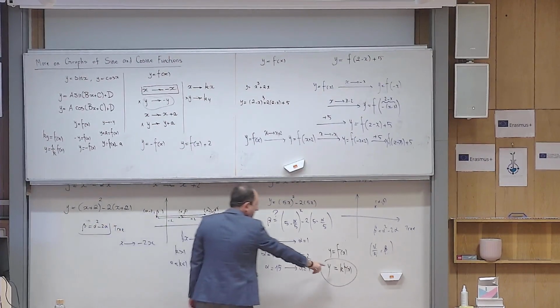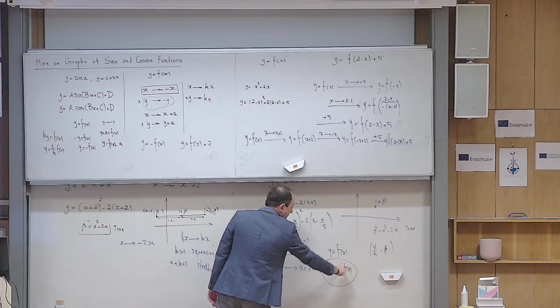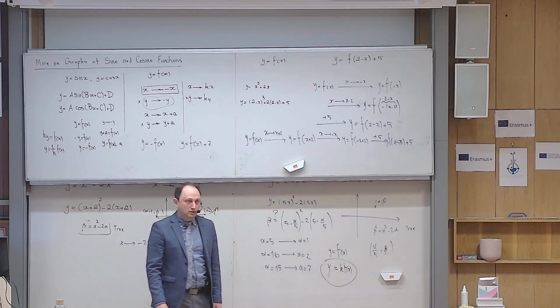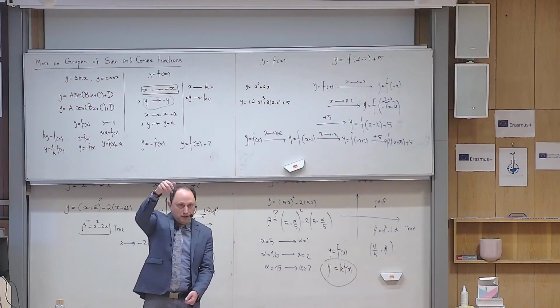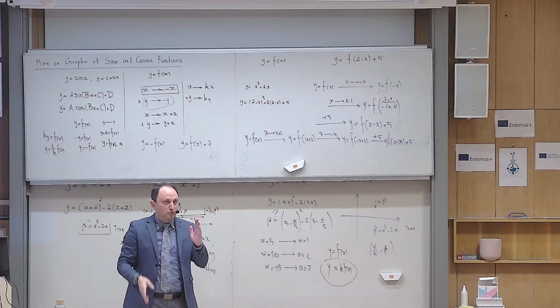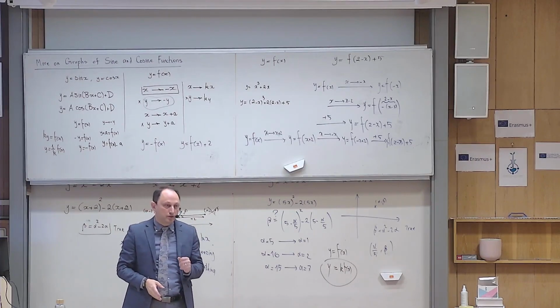And here, when I say multiply it by 2, it means every new y value is 2 times larger than the y value before, without affecting the x coordinates. So it will be stretched along the y direction, because x coordinates will not be affected, but y coordinates will be 2 times larger.